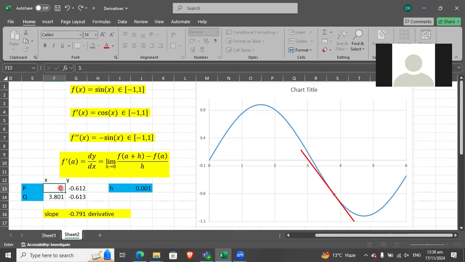And then at 4.0, it's much more visible than earlier that the tangents have clearly gone below the curve.